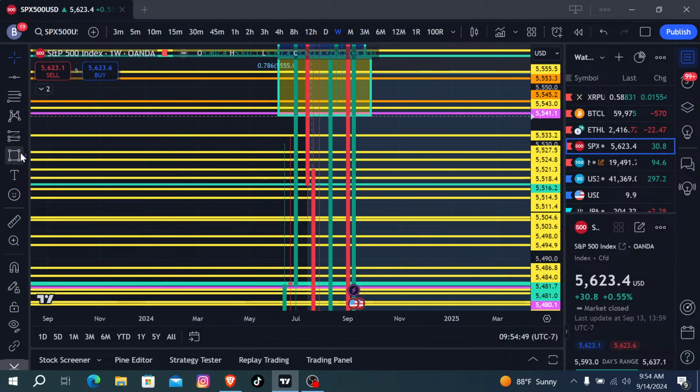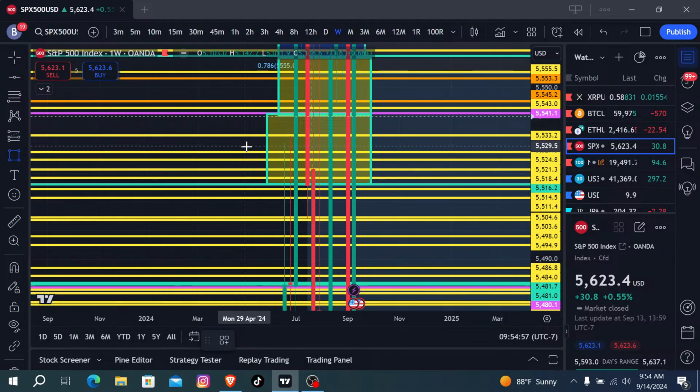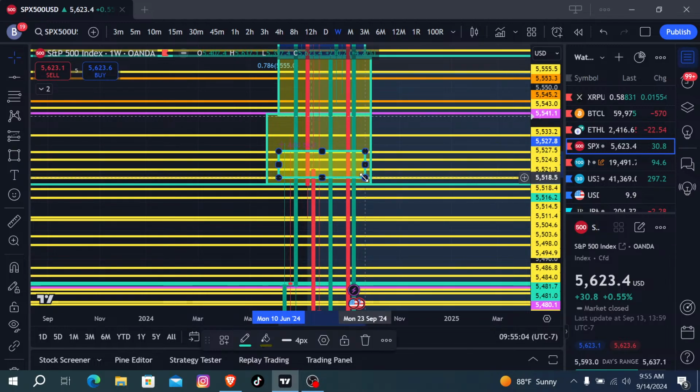And same, I would just keep going down from this region to this region. So from here to here. And if anything, just for the sake of it, I will then make another box from here to here, just so I know that when it comes down, it's going to have a hard time breaking this, so it will wait for a little bit.